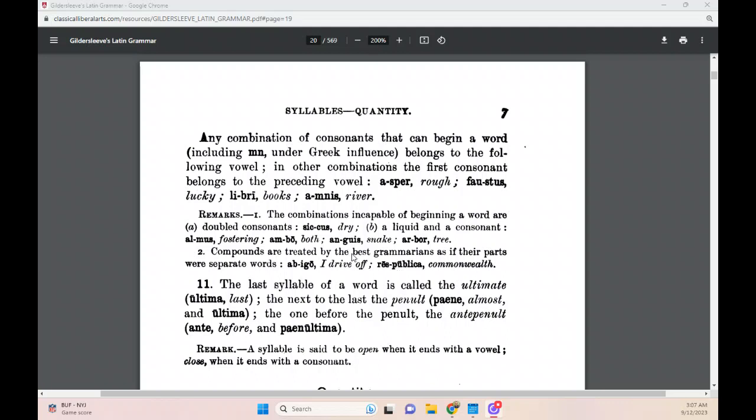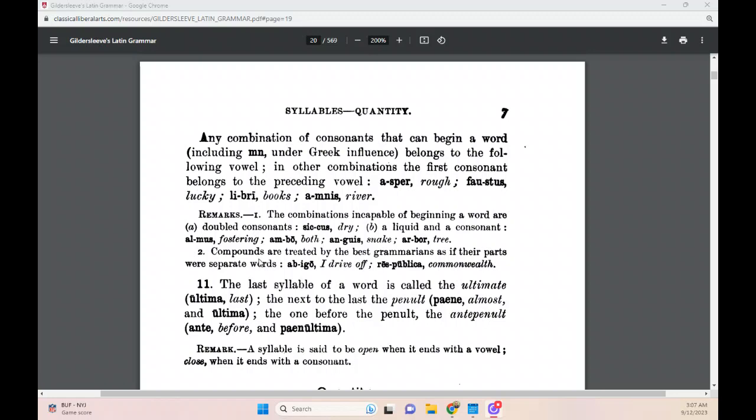So according to our rule, s and p would be kept together and they would start the second syllable. But because this is a compound word and res is a Latin word itself, we divide the syllable between those two consonants because it's a compound word. That's what this second remark is teaching us, okay?